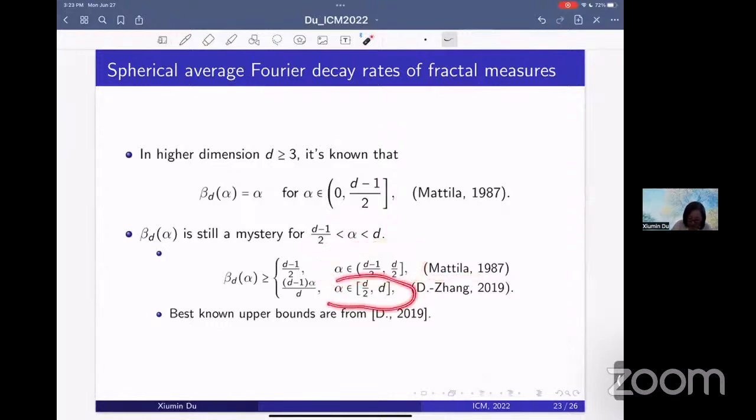And when alpha is greater than half of d, the weighted Fourier extension estimate proved by Ruixiang Zhang and myself gives this lower bound for the decay rate. And there are also some examples constructed by the speaker, which give the best known upper bounds for the decay rates.